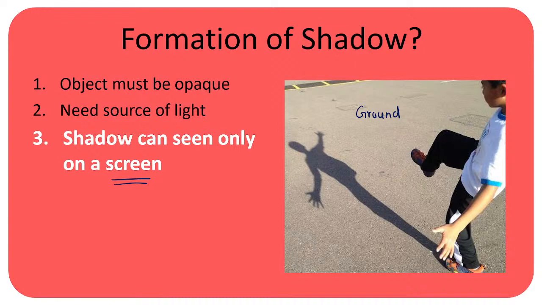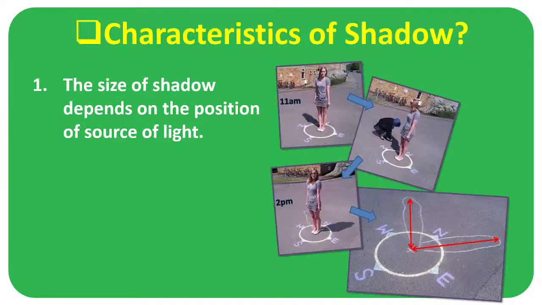So what are the three essential conditions to form a shadow? There must be an opaque object, there is a source of light, and a shadow can be formed only on a screen. Okay, that's the essential condition for the formation of a shadow.